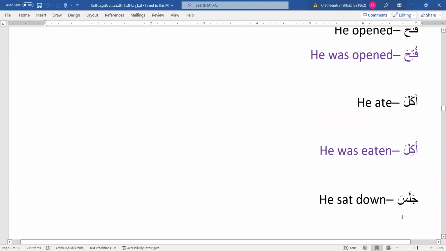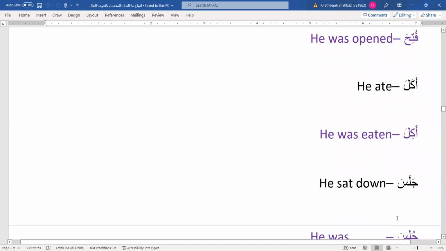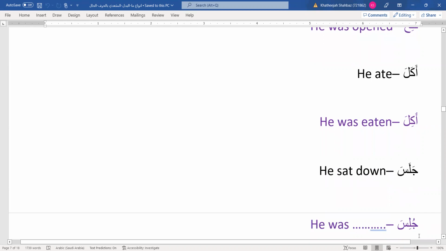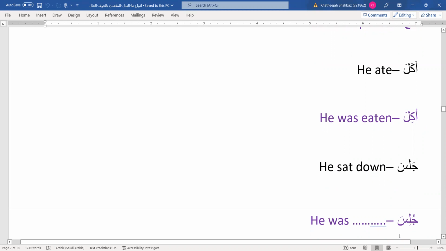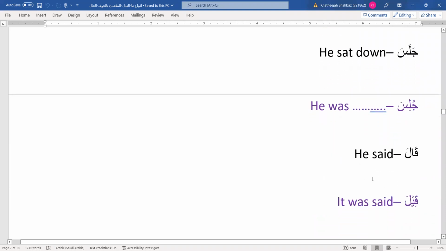But when we come to jalasa, he sat down. We cannot make a passive voice out of it. He was sat. So julisa by itself does not exist. It cannot be used in Arabic language. We can write it down because we can move the harakas to make it julisa, but it will not be used. It doesn't make sense. So it's a fail lazim. Similarly, qala, he said.